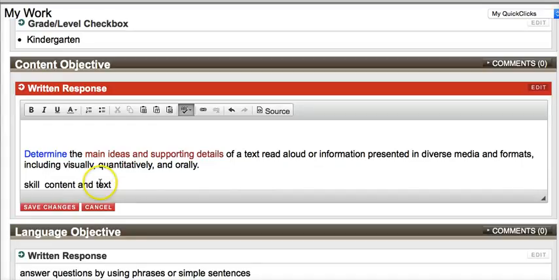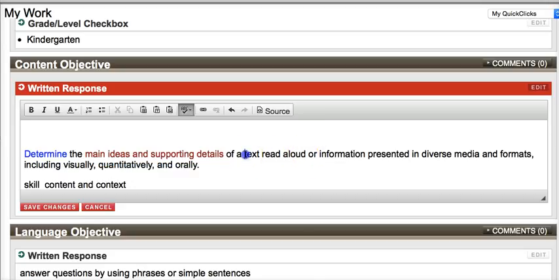It is the context of these main ideas that determines how they're going to go about thinking about these, determining the main ideas and the supporting details. In this case, they're going to determine the main ideas and supporting details of a text read aloud.